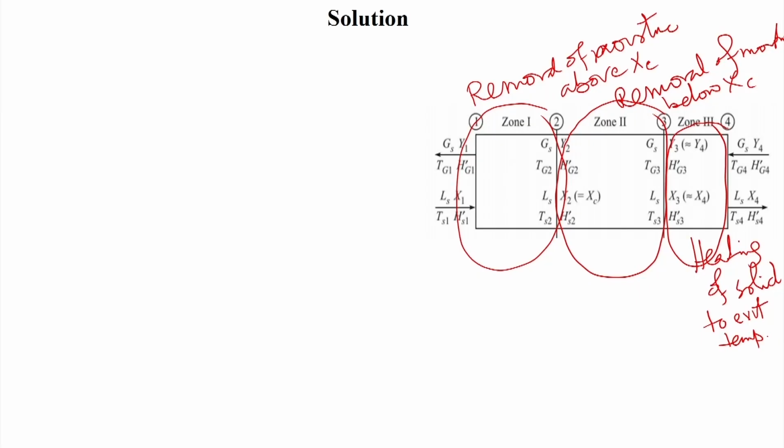Whatever the given parameters we have in the problem, we will first jot down. S s is given as 1000, the flow rate of the wet solid, with 25% moisture content. So it is 1 minus 0.25, that is 750 kg per hour.